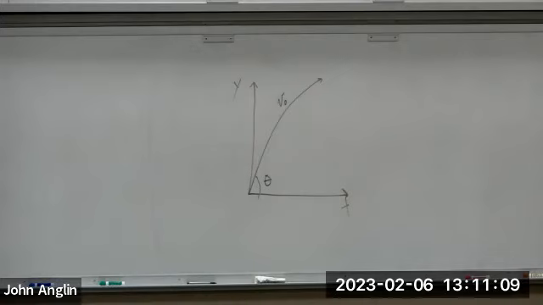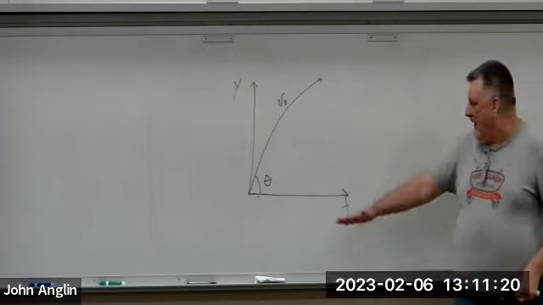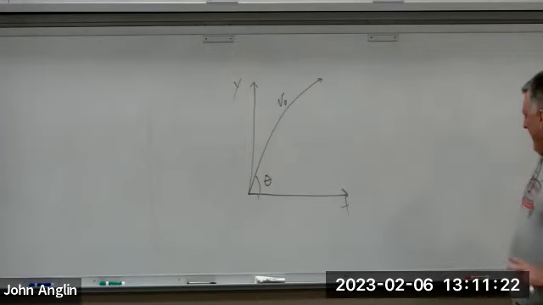Now, one thing that I want to show you with this, I have intentionally drawn the trajectory of this firework as a curve. That doesn't really work with our triangle model because we're used to triangles being these kind of straight edge things.